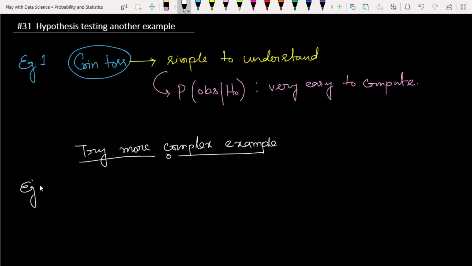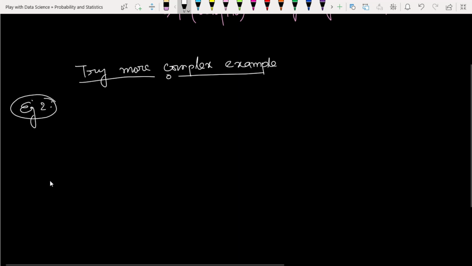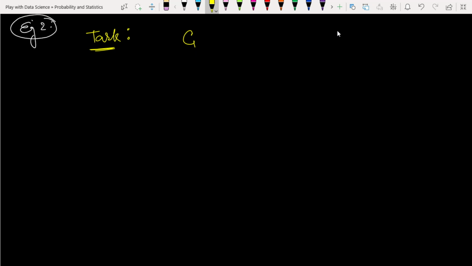So this is example 2 that we are going to discuss. First, we have to remind ourselves what our task is. Suppose we have two cities, city 1 and city 2.